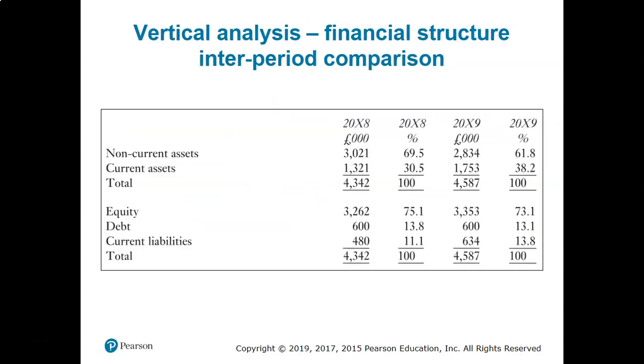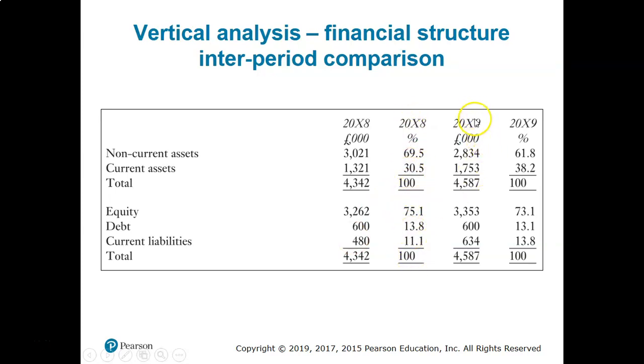So you can see here, if you didn't get the picture clear, theoretically as we discussed in the previous slide, this is what I mean. These are the real numbers of 2018, and these are the percentages of 2018, right?